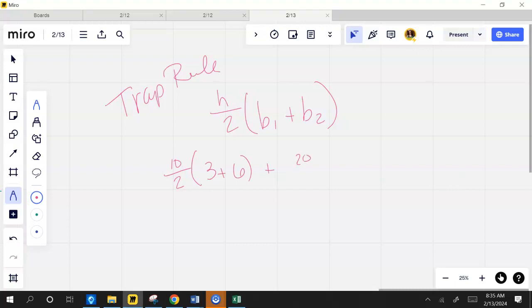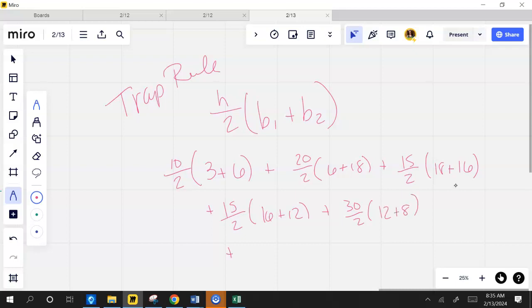Next two are 20, 20 over 2, 6 plus 18. 15 over 2, 30 to 45, 18 plus 16, 45 to 60 is another 15. 16 plus 12, 60 to 90 is 30. 4 plus 8. 90 to 120, 30. 8 plus 10.